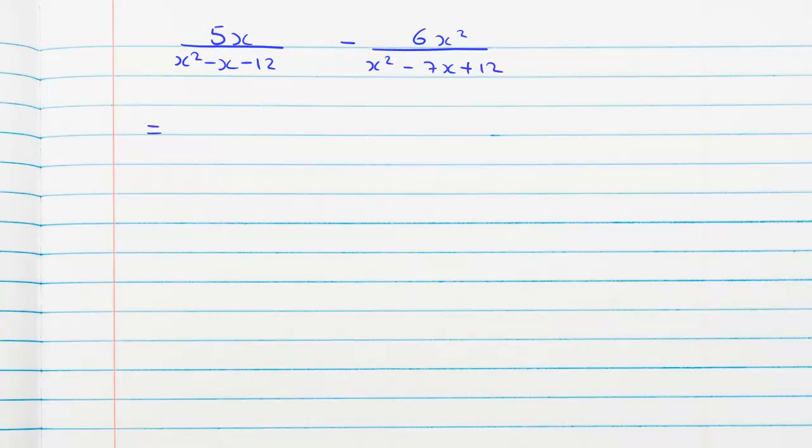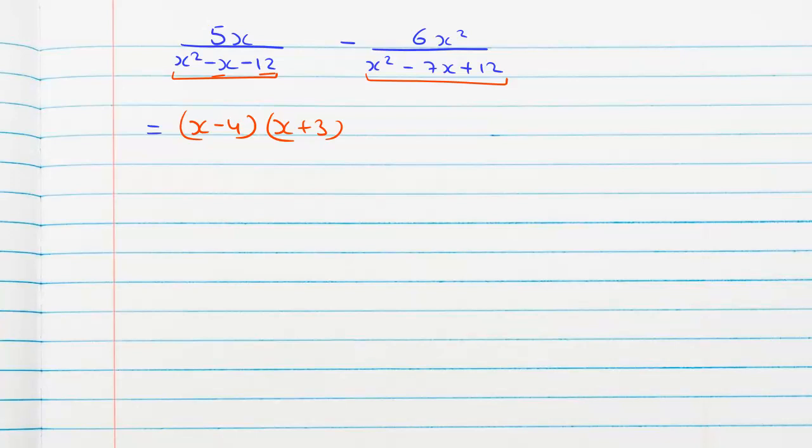Okay, so for this one, again we will factor this one first and the other denominator. So for this one, we need two numbers that we multiply and we get negative 12, but the sum should be negative 1. And the numbers you can think of, like 4 times 3 is 12, and negative 4 plus 3 is negative 1. So the answer for this one will be x minus 4 times x plus 3.